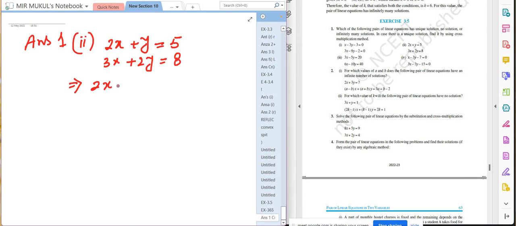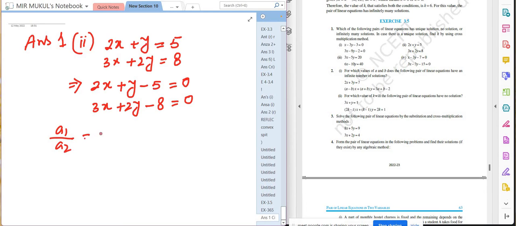So 2x plus y minus 5 equals 0, 3x plus 2y minus 8 equals 0. Right? So a1 by a2, what are we getting? 2 by 3. And b1 by b2? 1 by 2.